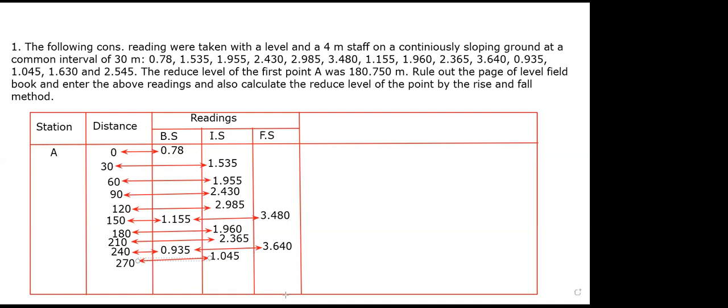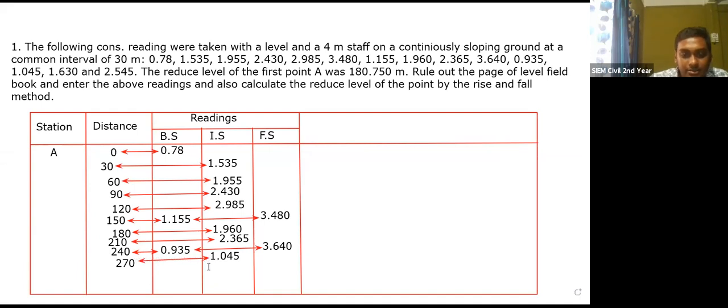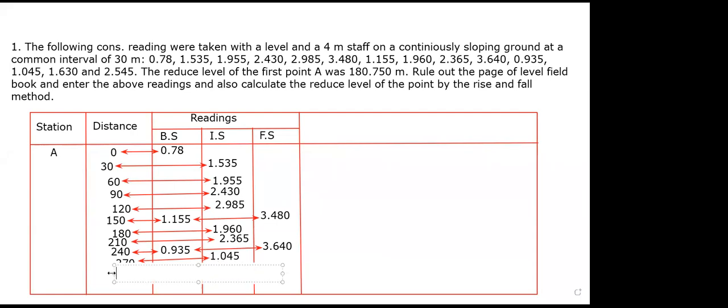Next value 1.630 is another value, for the distance 300.